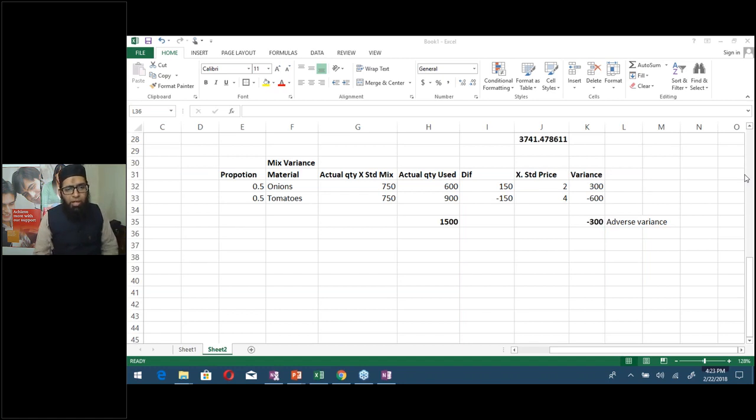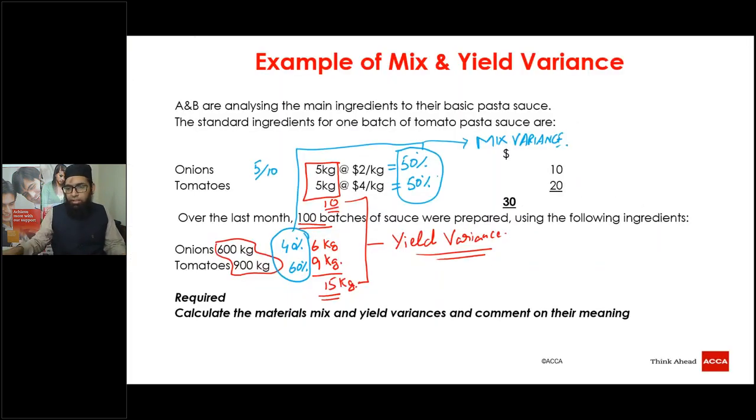Abid Shahid asked me why we are not using 10 and 20 prices. Dear, 10 is not the price. This is the standard material cost per unit. The standard price is $2. The standard price for tomato is $4 per kg.